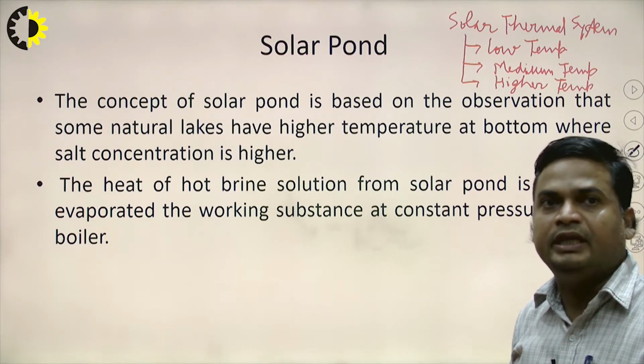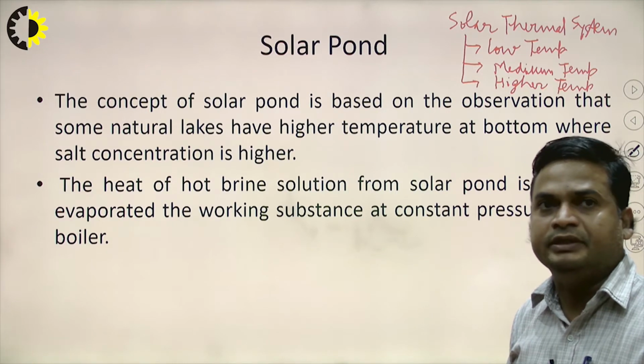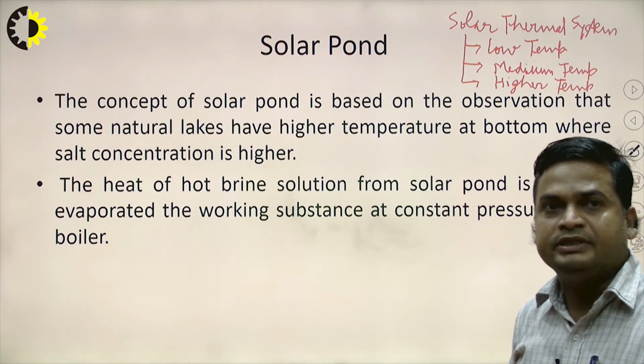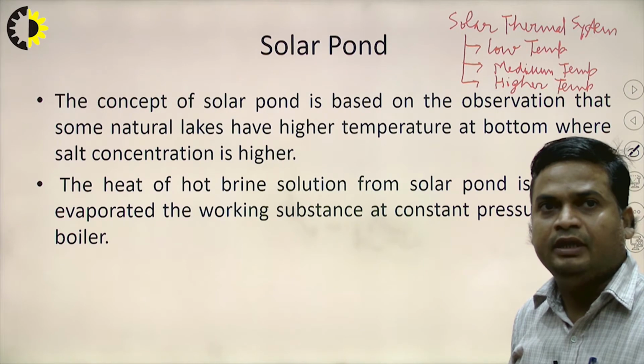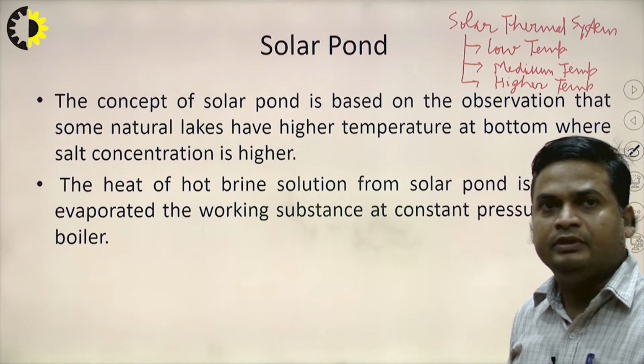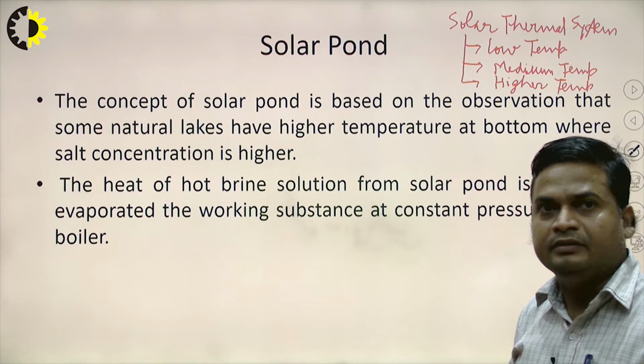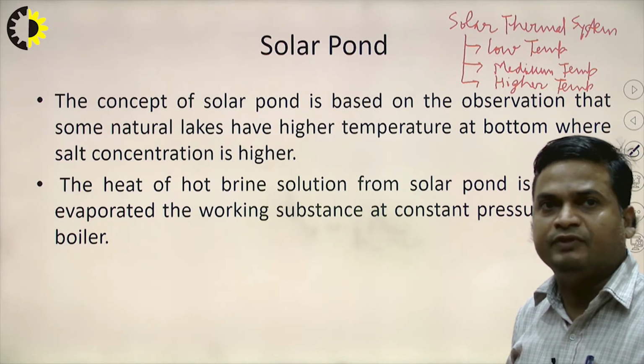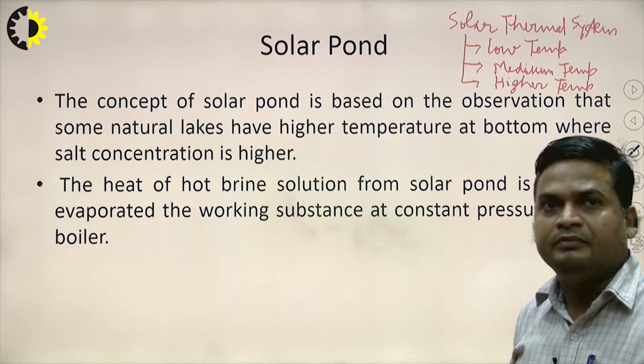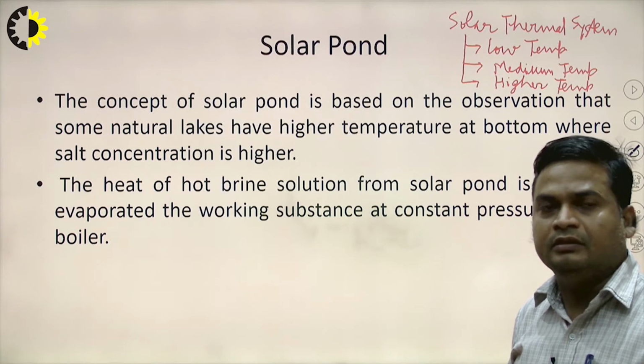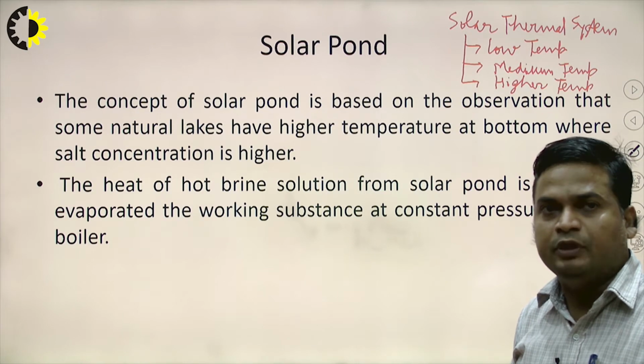Solar pond is again an application of solar energy. In this, there is a pond, and the sun rays come and pass through the pond. The top surface gets heated, the rays penetrate the water, and at the bottom these solar radiations are absorbed by the brine solution.